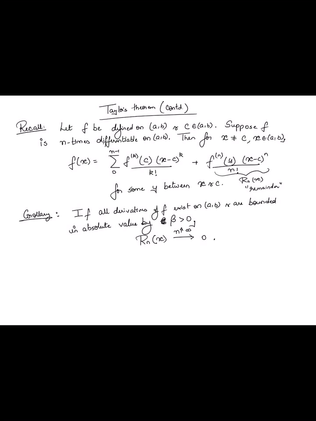In other words, as you include more and more terms in your Taylor expansion, as you take a higher and higher order Taylor expansion, the remainder term will in fact tend to 0.